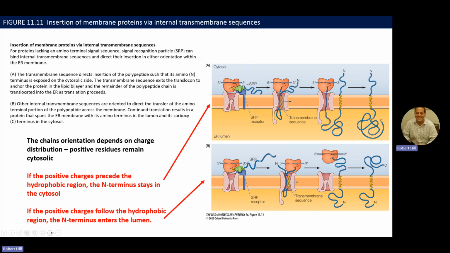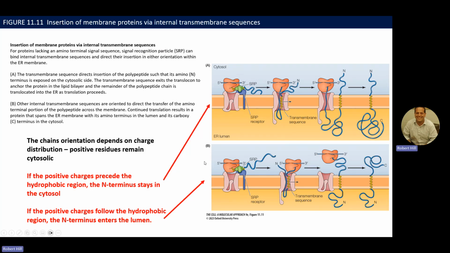The lateral gate opens and the transmembrane sequence travels into the membrane. The protein continues to be translated until it's done, and the C term of it is inside the lumen of the ER. The reason that this occurred is because there are a series of positively charged amino acids in this region right here. Because the cytosol preferably interacts with those positive charges, it keeps it in the cytosol.